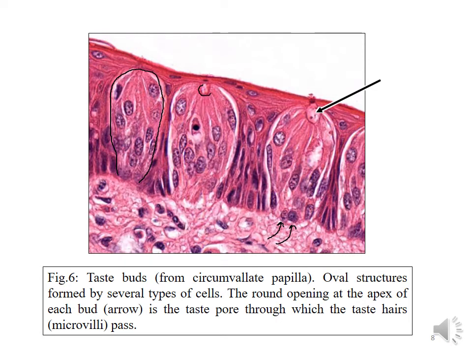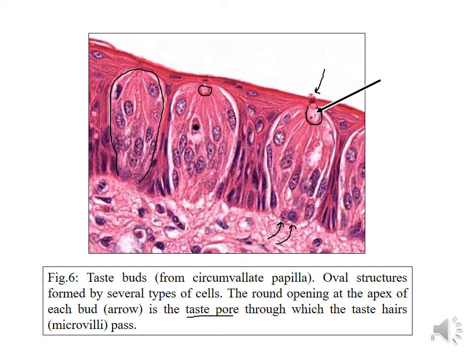Here and here. These round openings are called the taste pore. Through it pass what we call taste hairs. As you can see, only one can be seen here. These are a tuft of taste hairs.